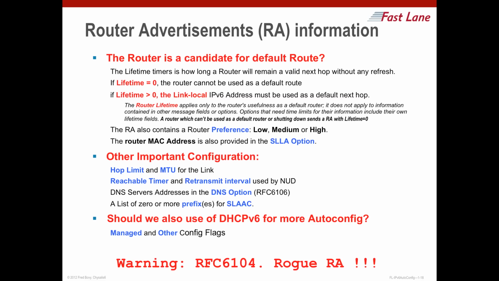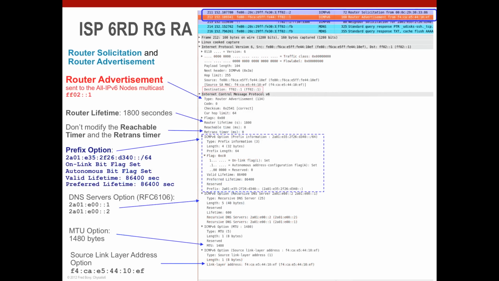Be careful, it is easy to craft a router advertisement, and there are some attacks using router advertisements. There is a very nice RFC to read about it, RFC 6104, which I recommend to implement security in your network.